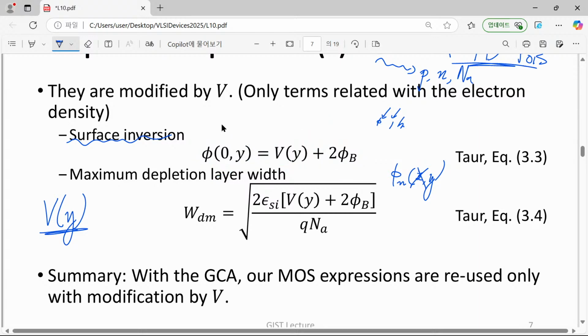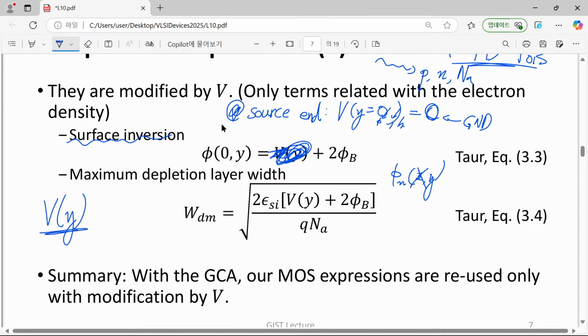So simply speaking, if we go to the source end, we assume that V y is 0 because this is grounded. So in this case, our surface inversion condition is the same as that of a MOS capacitor.